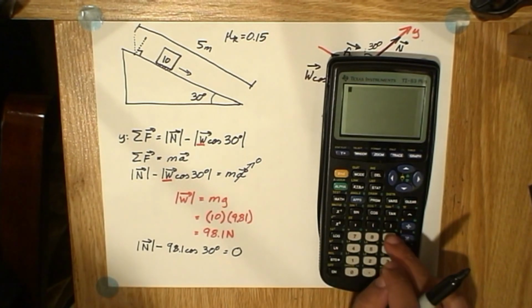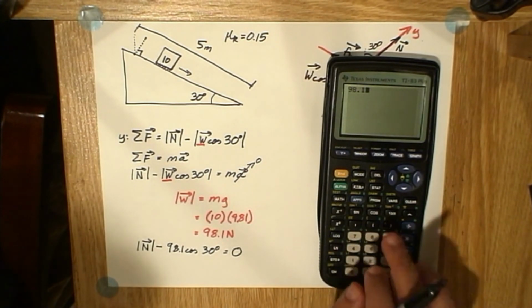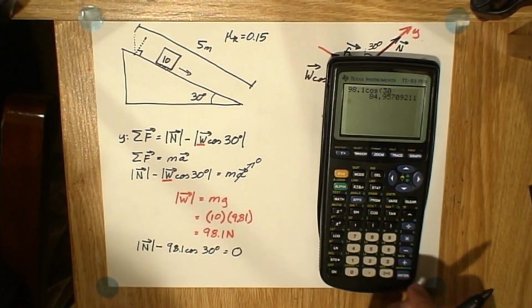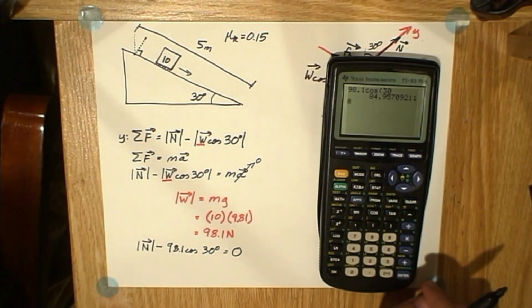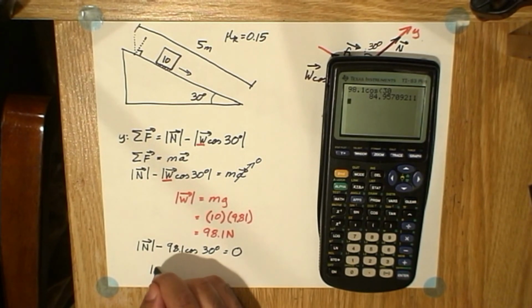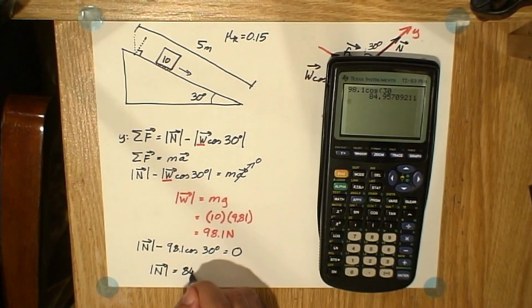So now all we have to do is move this 98.1 cos 30 to the other side. And let's calculate that in the meantime. 98.1 cos 30 gives us 84.96. So the normal force is equal to 84.96 newtons.